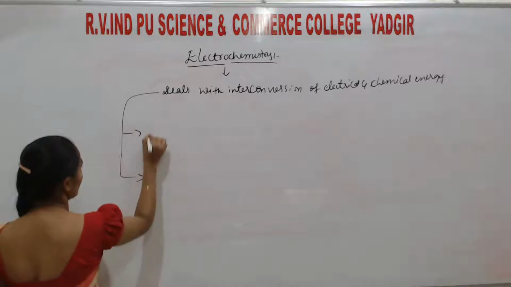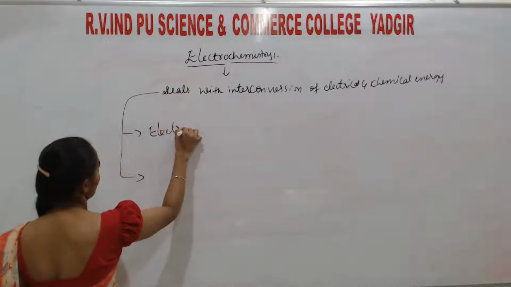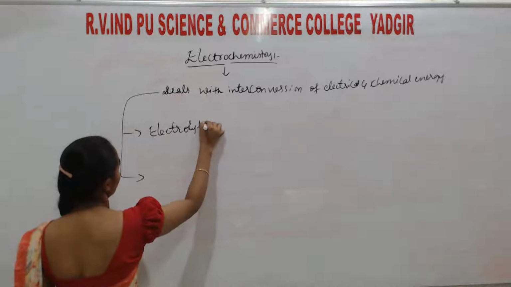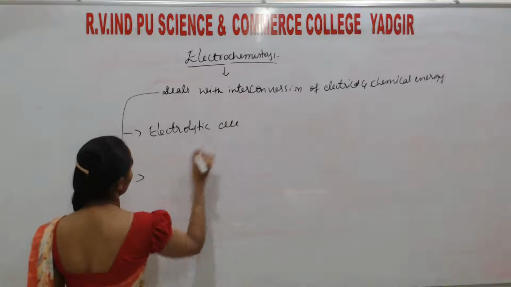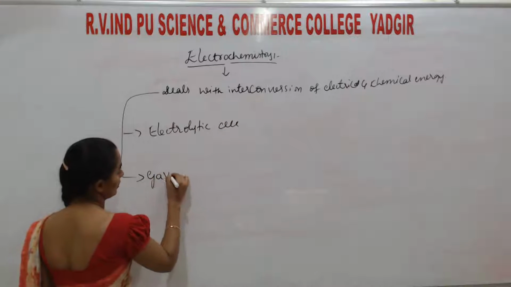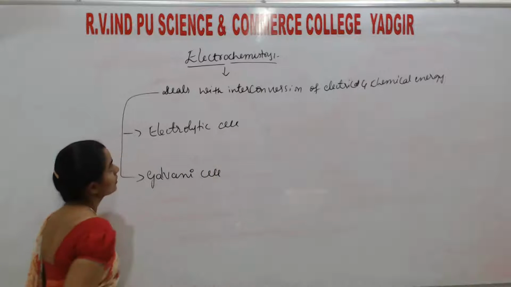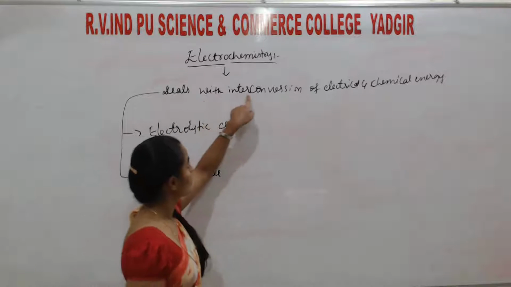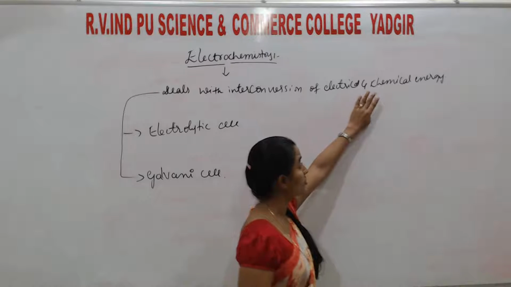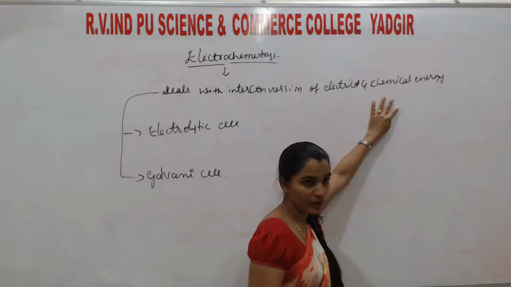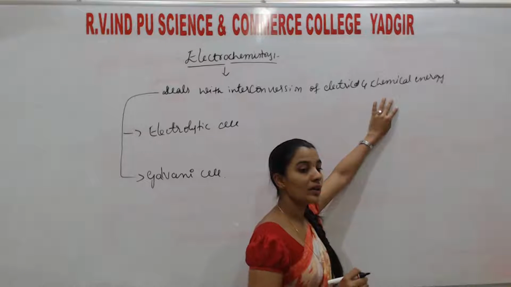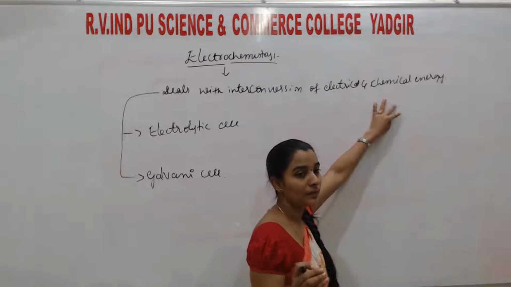One is the electrolytic cell, another one is the galvanic cell. Listen. The branch of chemistry which deals with the interconversion of electrical energy and chemical energy is called electrochemistry, and the device is called an electrochemical cell.